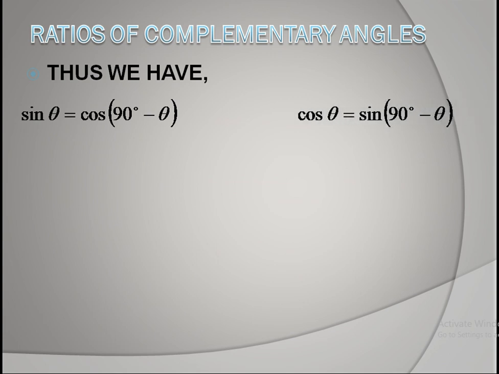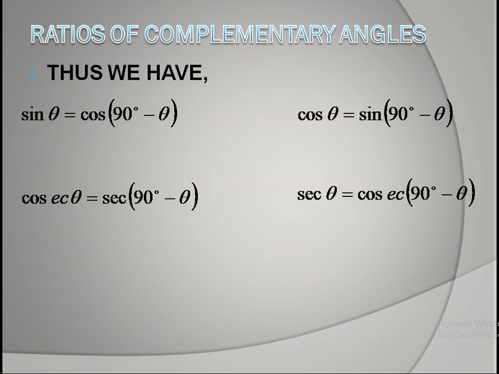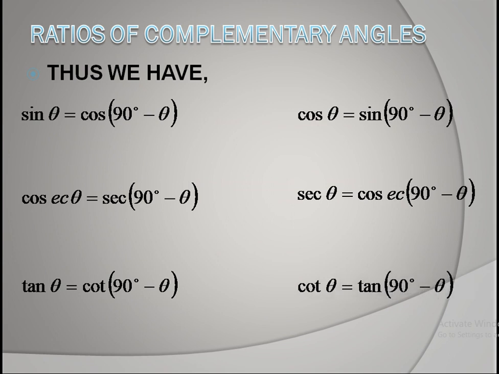Next, cos theta is equal to sin(90 degree minus theta). Cosec theta is equal to sec(90 degree minus theta). Also sec theta is equal to cosec(90 degree minus theta). Next, tan theta is equal to cot(90 degree minus theta), and cot theta is equal to tan(90 degree minus theta). Very important.